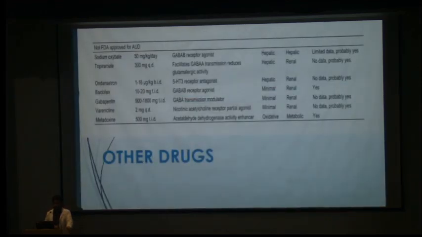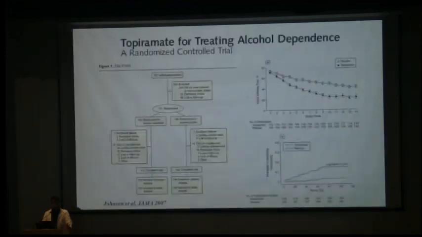Now, a quick glance at non-FDA approved medications: sodium oxybate, topiramate, ondansetron, baclofen, gabapentin, varenicline, and metadoxin. We will not go into the details of these, except some of them, like topiramate. Topiramate has been known, based on RCT level evidence, to significantly reduce heavy drinking days.